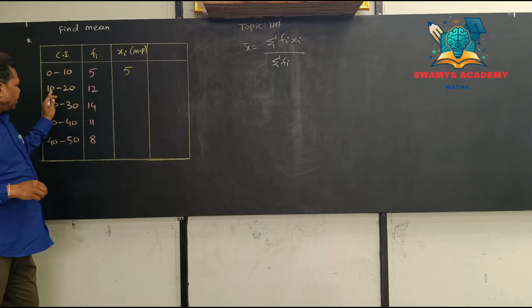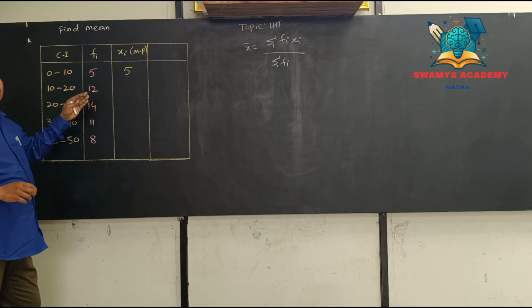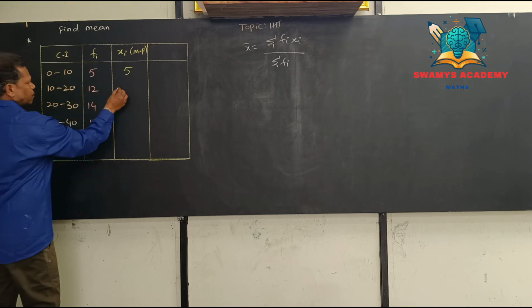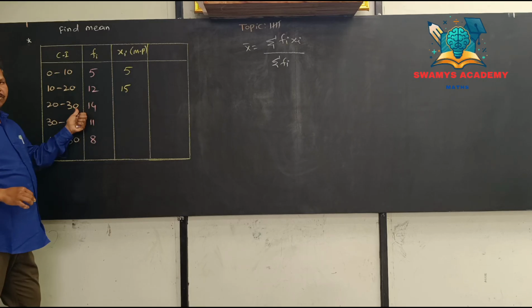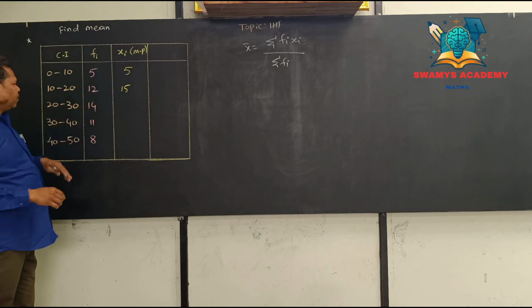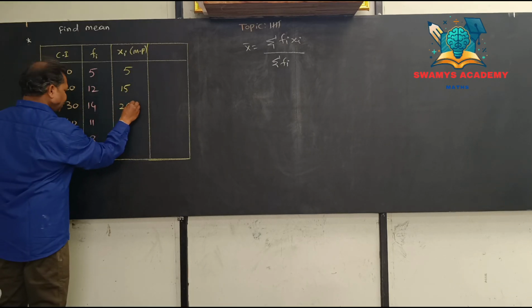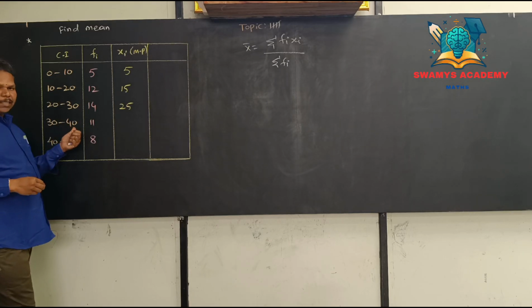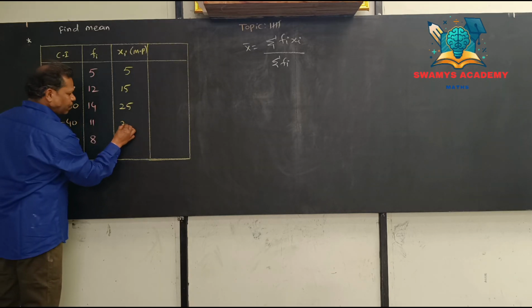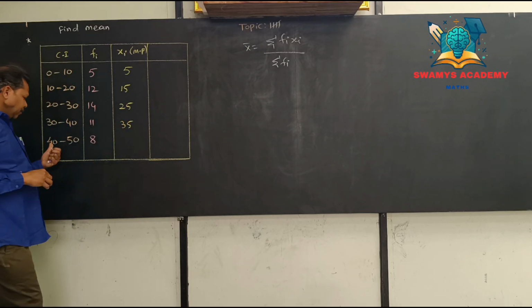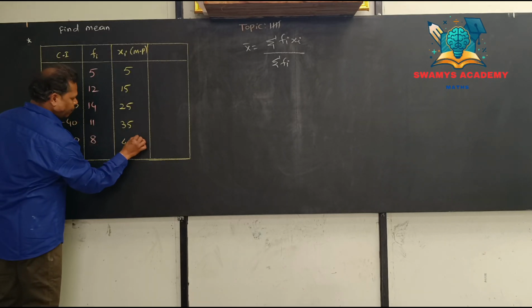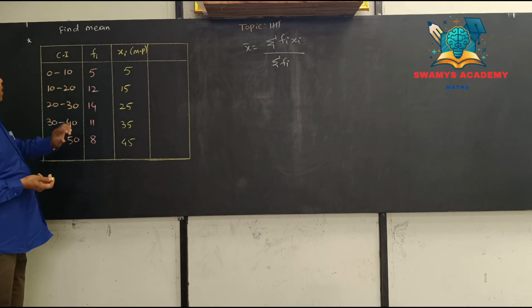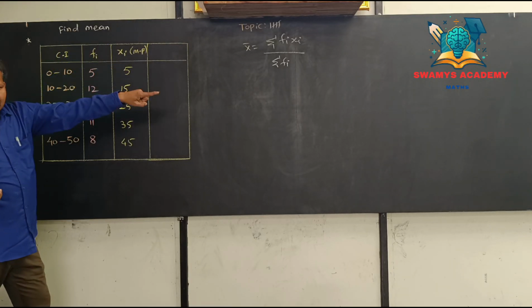Next, 10 plus 20 is 30, half of it is 15. Next, 20 and 30 gives 50, half is 25. Next, 30 plus 40 is 70, half is 35. Next, 40 and 50 gives 90, half is 45.